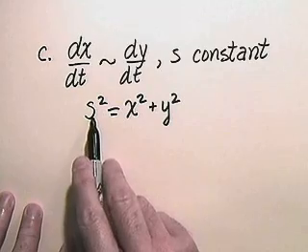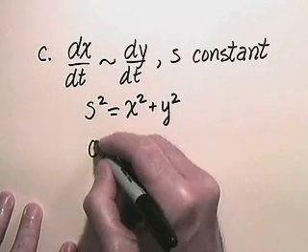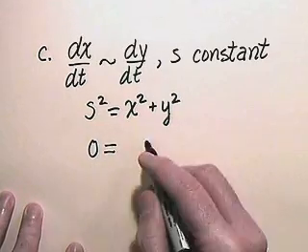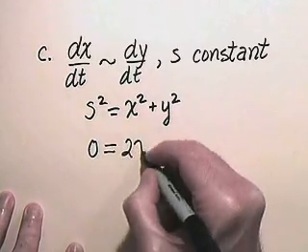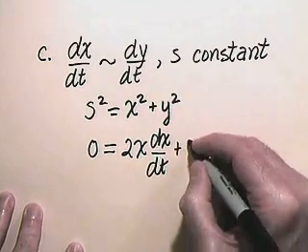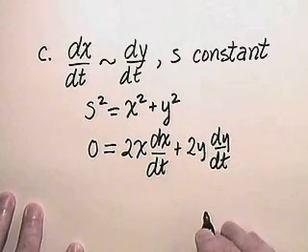In this case, on differentiating the left side, we get simply 0, because the derivative of a constant is 0. So 0 equals 2x dx/dt plus 2y dy/dt.